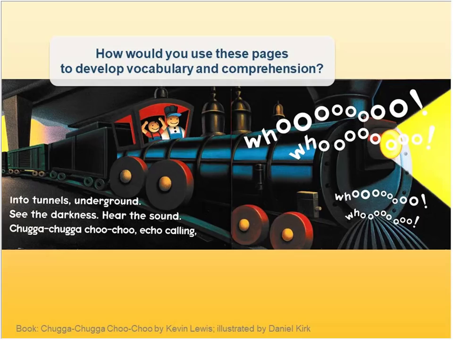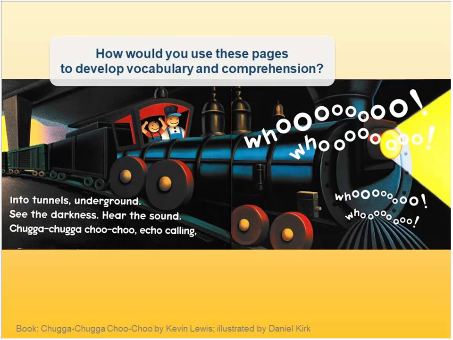Here are some of my ideas about what you could do with these pages. Keep in mind that you can read the whole book through and then come back to a page to be more interactive. You don't need to interrupt the story to support early literacy. So, to support vocabulary and comprehension, I could demonstrate echo with that woo-woo, woo-woo, right during the book.